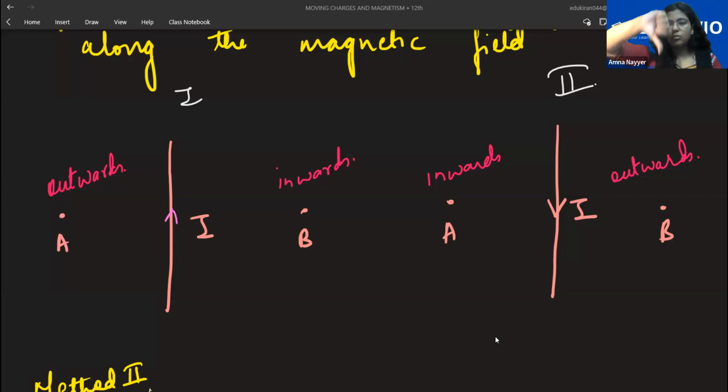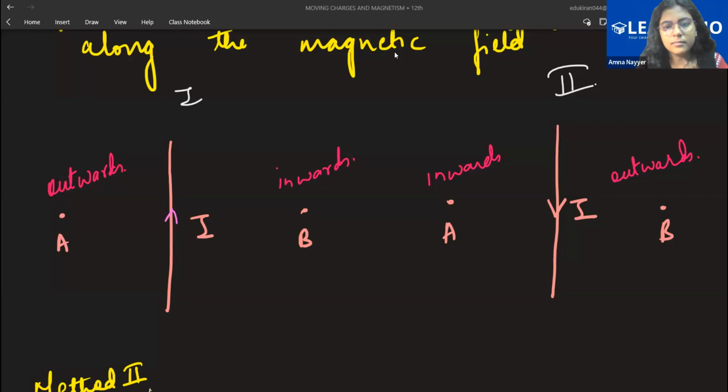Now at A point, when I curl my fingers, they are going inwards into the screen, into the page. So it is inwards. And at B point, it is outwards. Now clear?